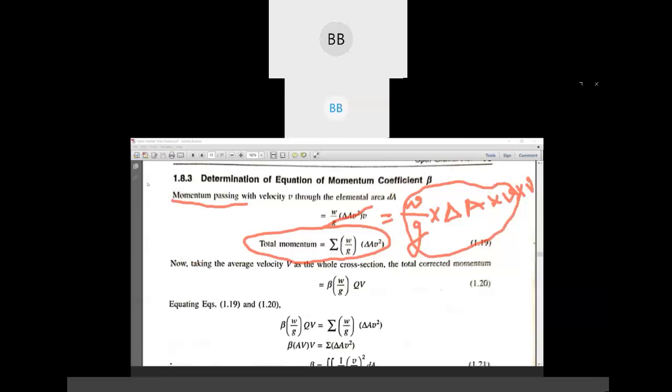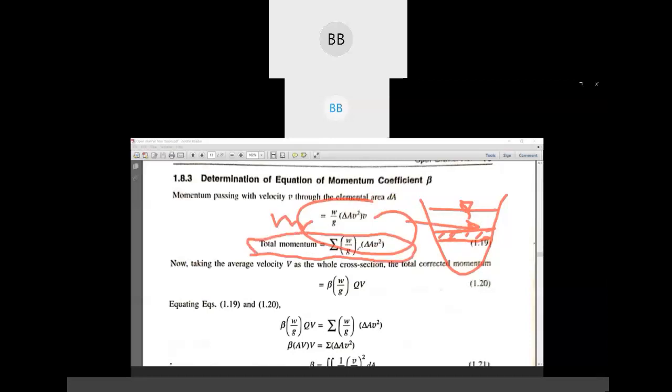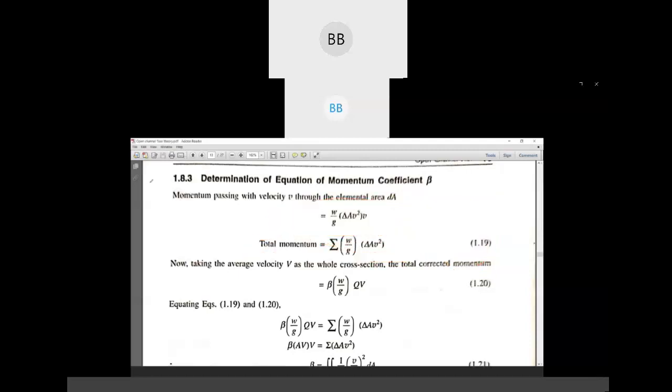Again, this momentum we have calculated is only for this particular small elementary area. So for the total momentum, we again have to take integration or summation. These things are very much similar to the alpha derivation.